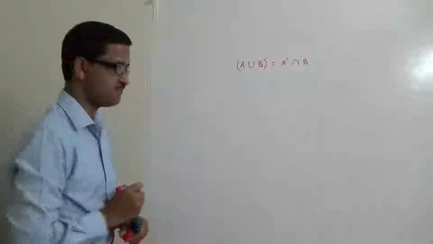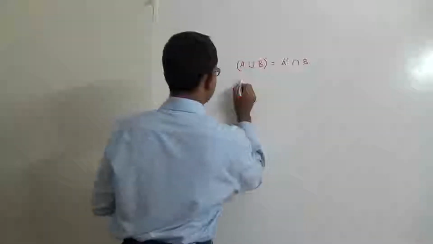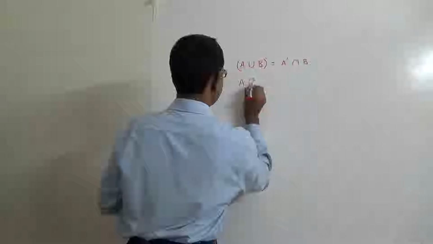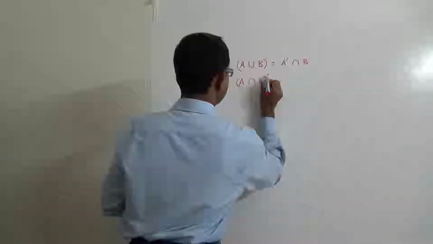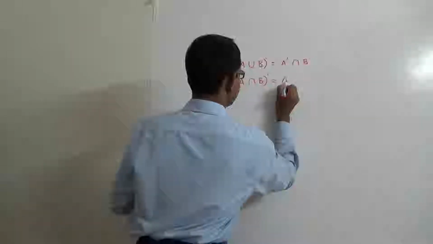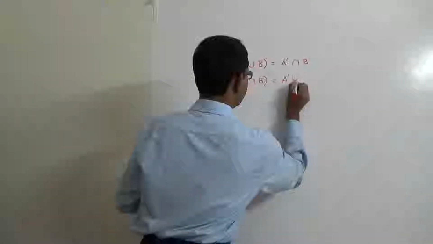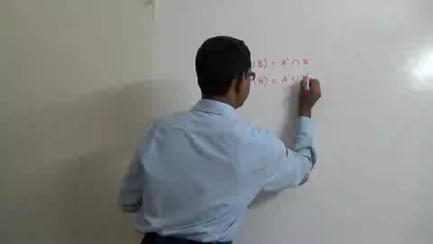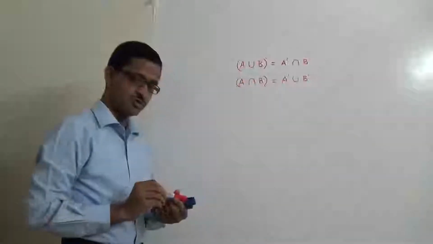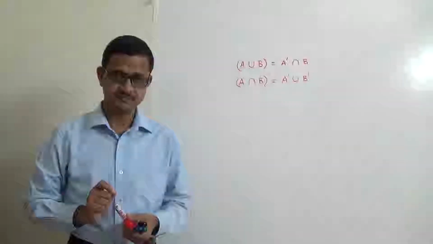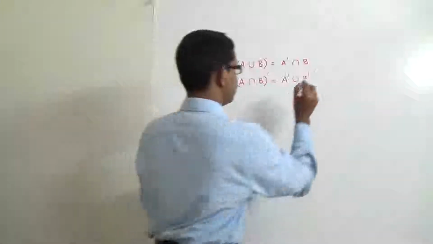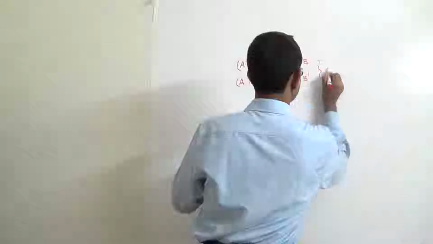And the other way, if I take A intersection B and then its complement, that becomes A prime union B prime. These two are very important rules, and they are known as De Morgan's law.